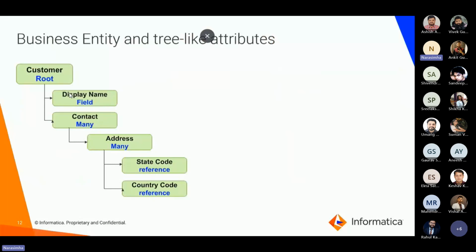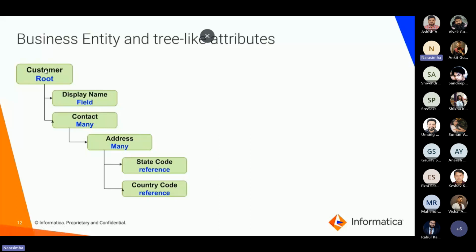Now, look at this particular diagram where we can clearly see the structure which is represented in a tree form. Can you see, guys? So you will have a root element, then a child element, grandchild, and so on. Broadly speaking, we can have fields at every level in the tree.